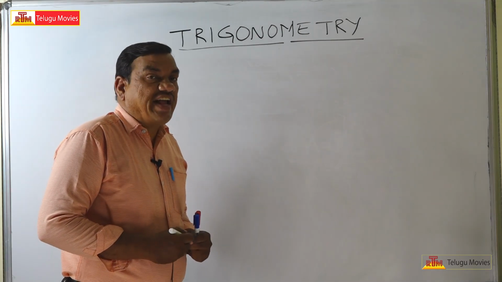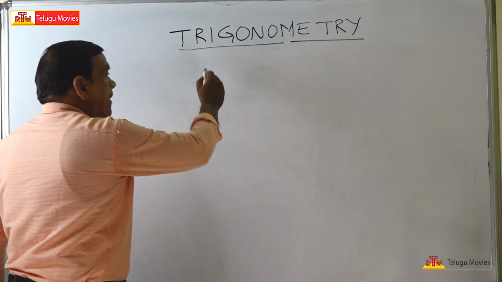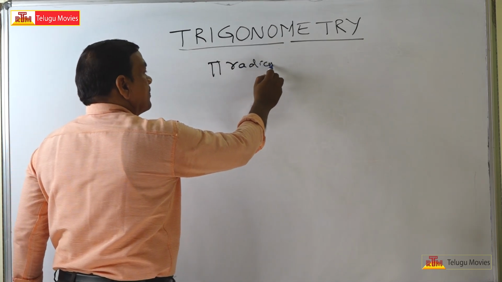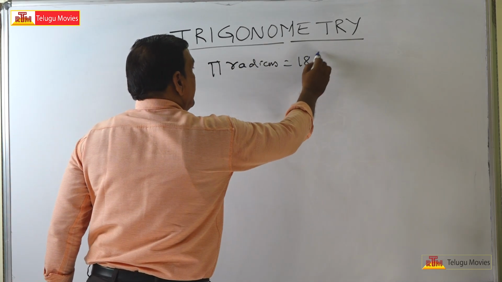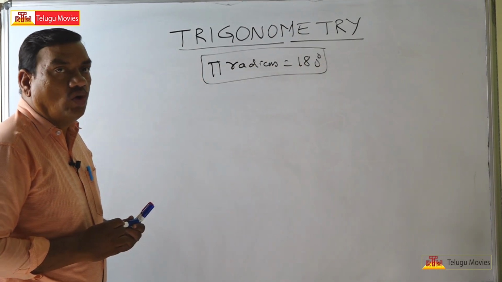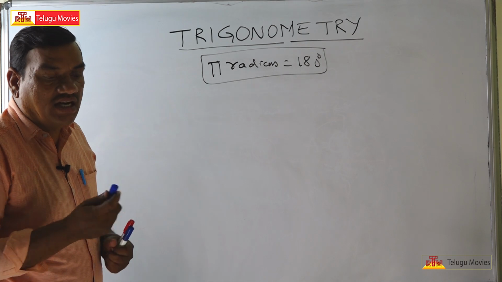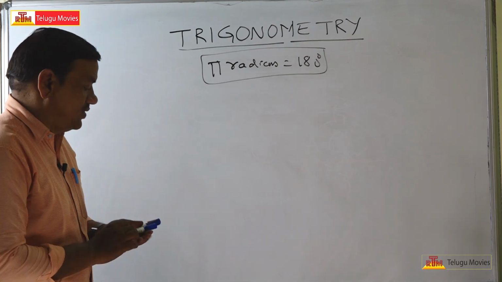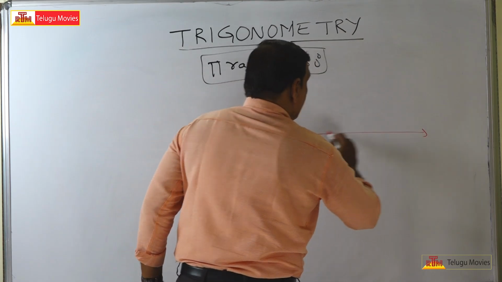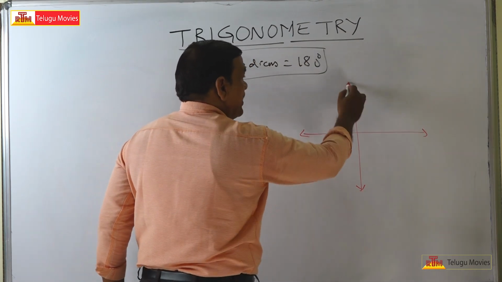Now I am going to explain: pi radians is equal to 180 degrees. That I am going to explain. Okay, now for this let us take this horizontal line x-axis and y-axis.